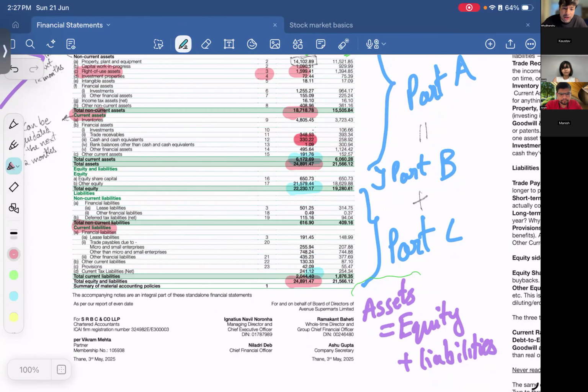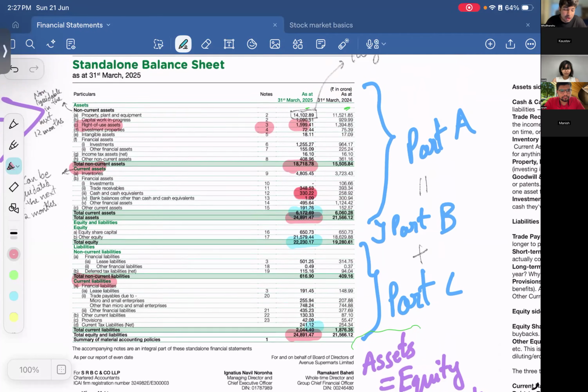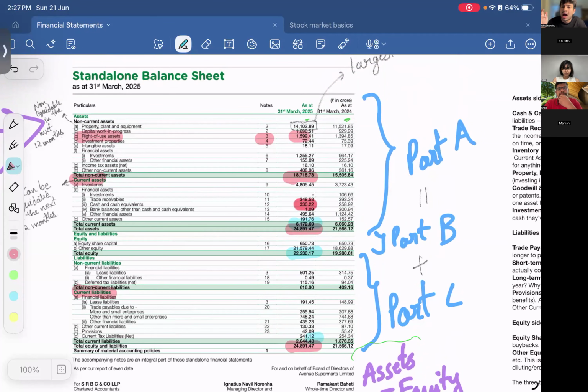Now, question, what does less cash and more property imply? Is it good or bad? You want to definitely have a good amount of cash. Again, everything depends on the industry. The way you get this is, say you ask Claude to give me 5 balance sheets of top listed companies in this sector, say real estate, for example. Claude will probably go and scan a bunch of annual reports and come back to you with snapshots of the balance sheets.